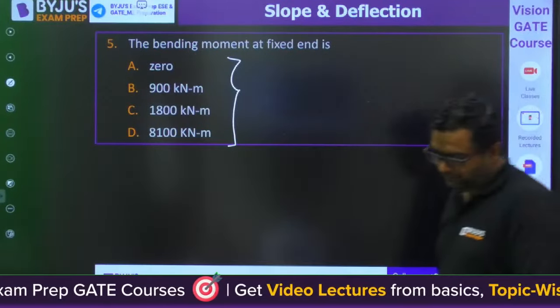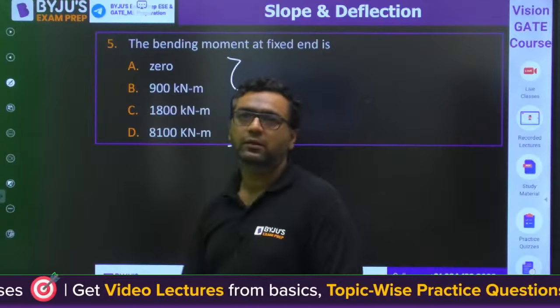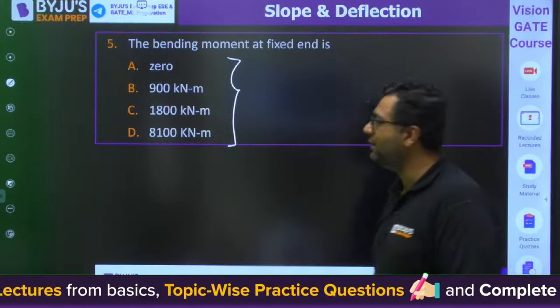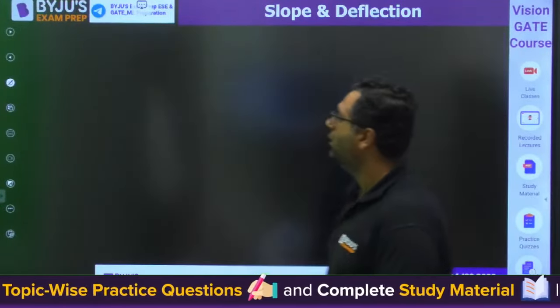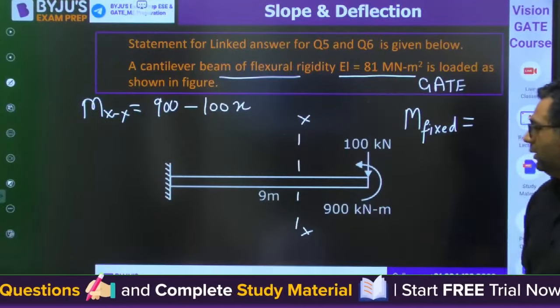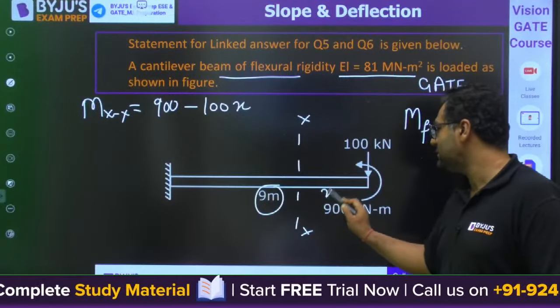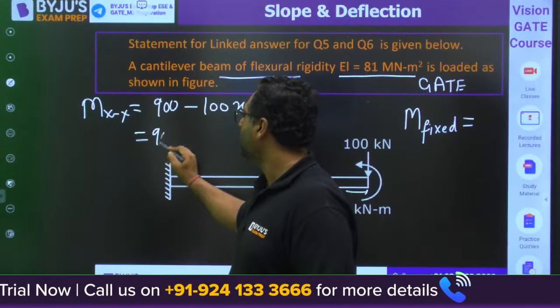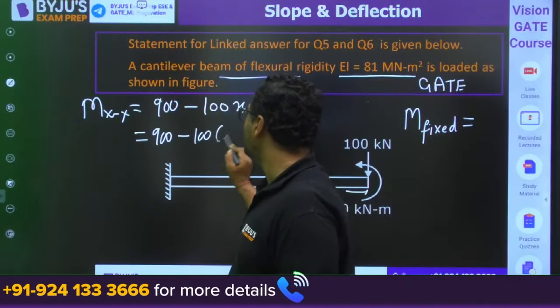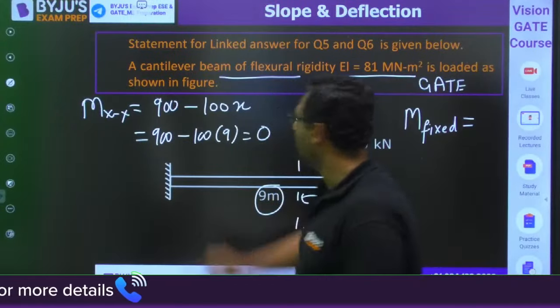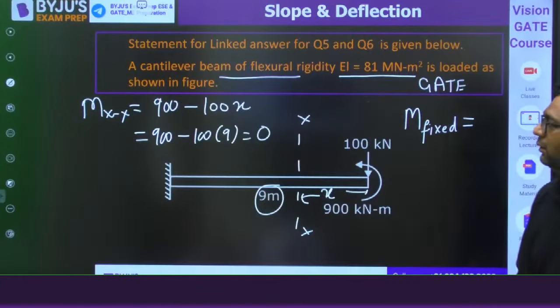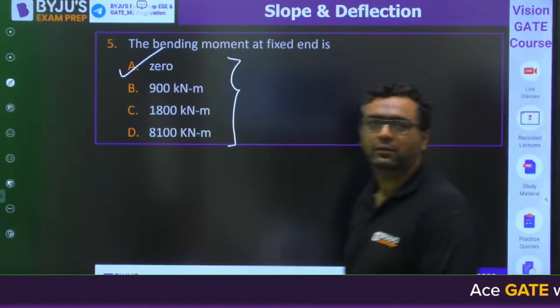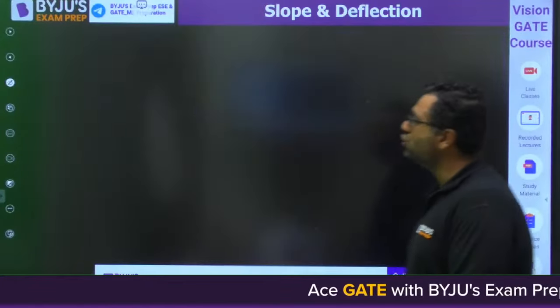Tell me. Aspirant has given the answer as 0. X is this. Total length is 9 meter. 900 minus 100 into 9. 0 is the answer. Option A is correct.